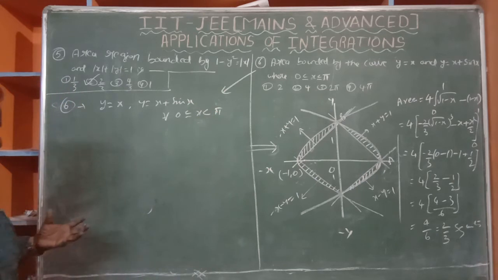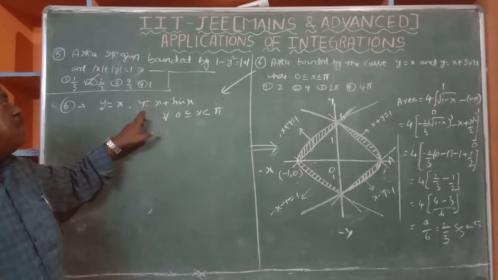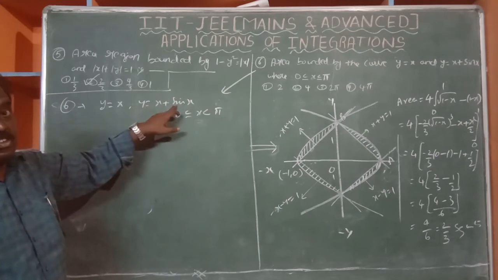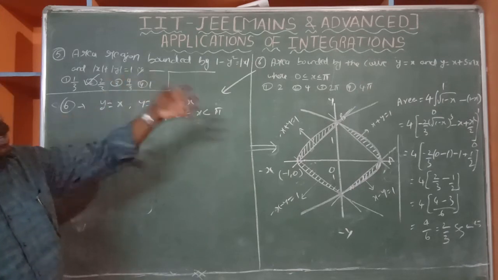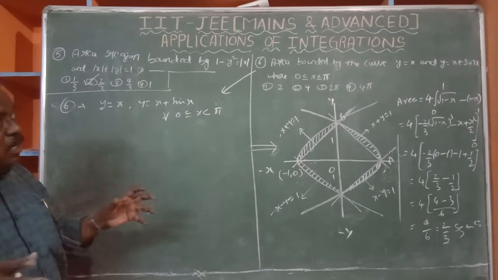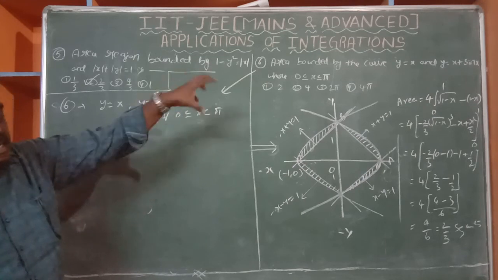It is not needed to draw the diagram. If y is equal to sin x, simply we can, but y is equal to x plus sin x takes some time. At the time the problem is given, it is not necessary to draw the diagram.